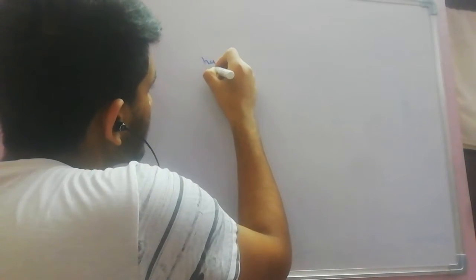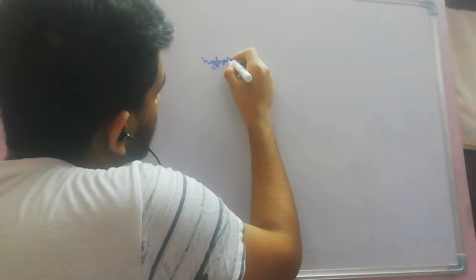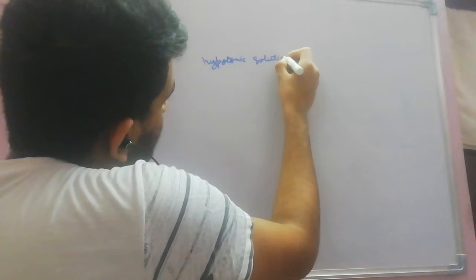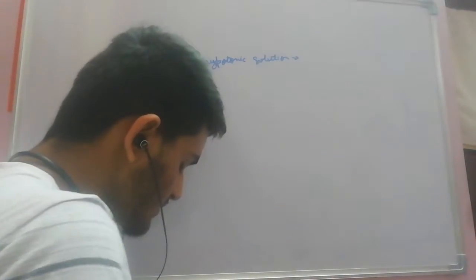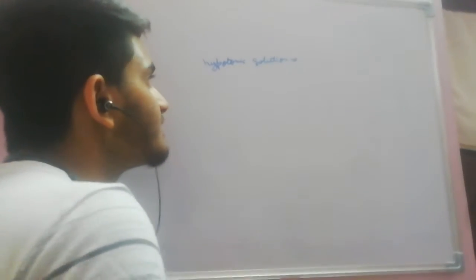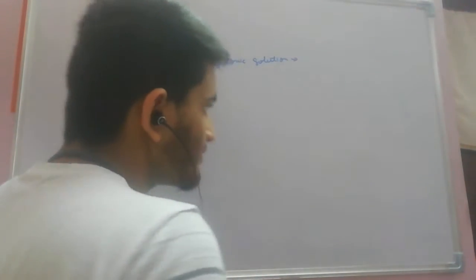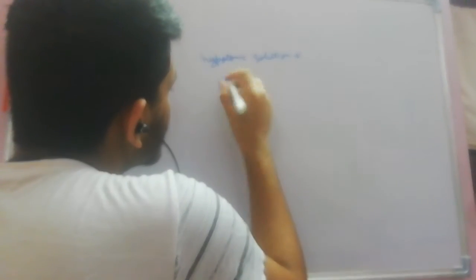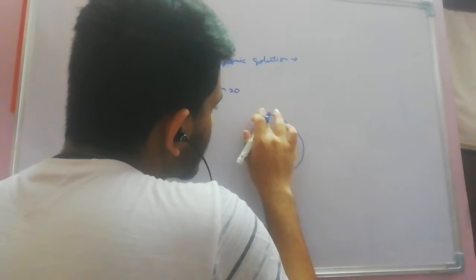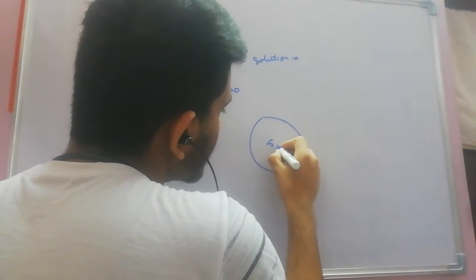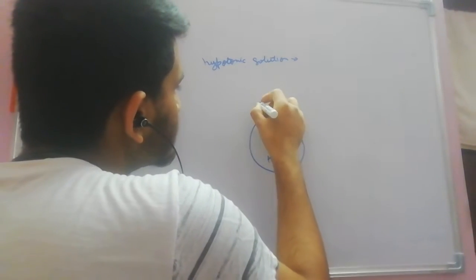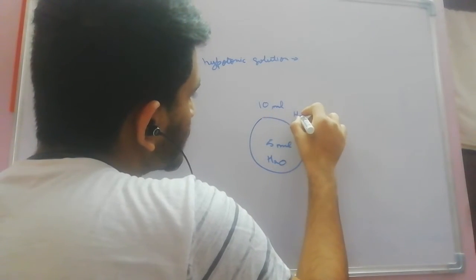Now we are talking about the hypotonic solution. What is a hypotonic solution? A hypotonic solution is a solution in which the content outside the cell is, let's take the example of H2O. This is the cell, and inside the cell there is 5 ml of H2O, and outside the cell there is 10 ml of H2O.